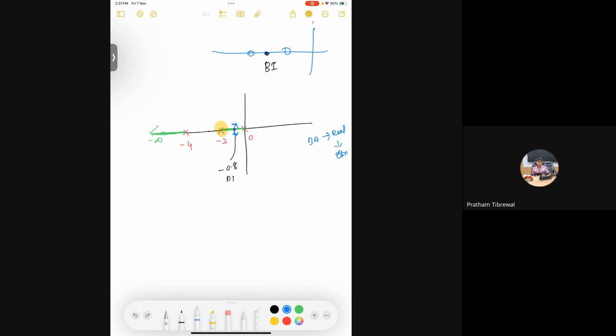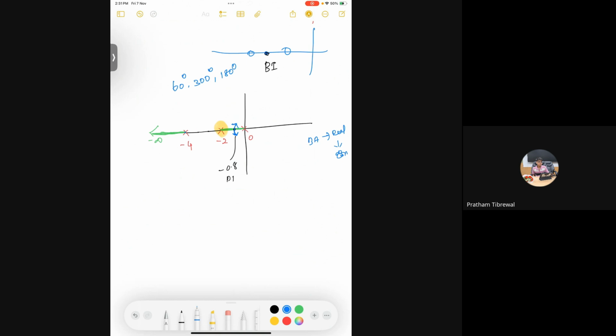Then the next point is to just plot the root locus. We found 60 degree, 300 degree, 180 degree. Out of this, which one is valid? 180 degree is valid, so there is a root locus here.